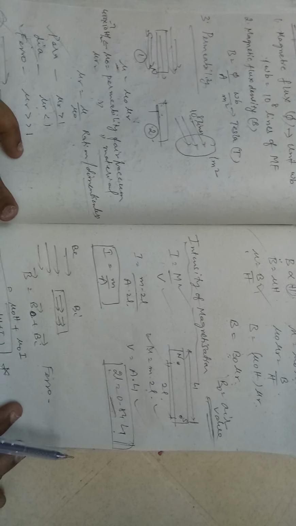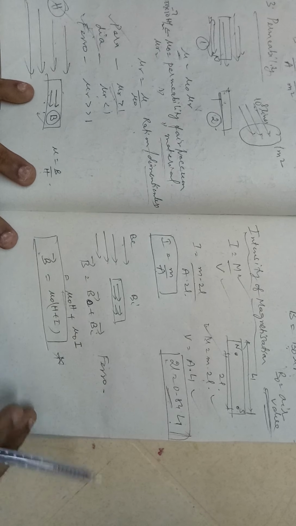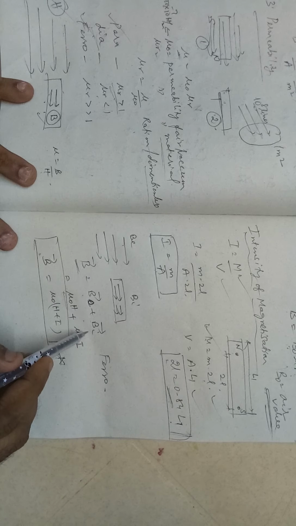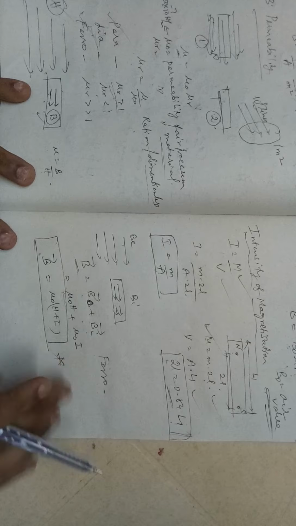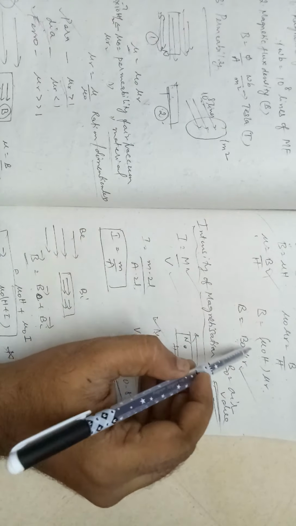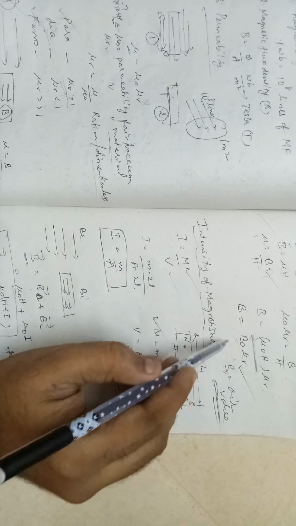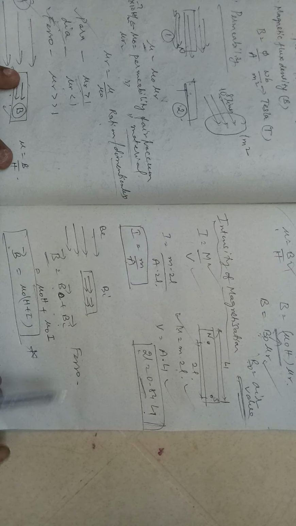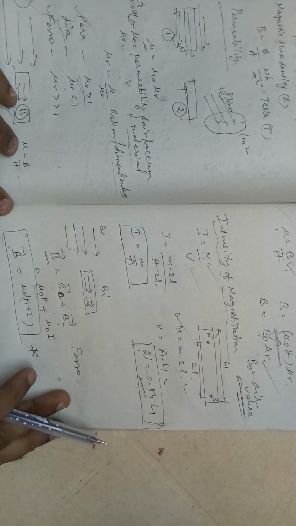Now let us find the total magnetic field. The total magnetic field will be, it's a vector, B0 plus Bi. What is this Bi? It is the induced magnetic field. So B0 we have written over here. It is mu 0 H, sorry. B0 is mu 0 H, right? This term I am calling mu 0 H. And Bi, how much it has got magnetized, depends upon the intensity of magnetization.